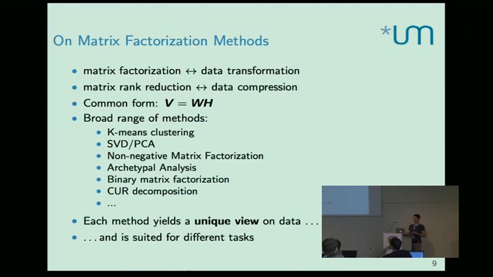But each of these different methods that are listed here, for example, k-means clustering, SVD, non-negative matrix factorization, they all yield a different view, a unique view on the same data. So you always end up with sort of a different representation of the same data. And all these different representations have different benefits and are actually useful for different tasks.